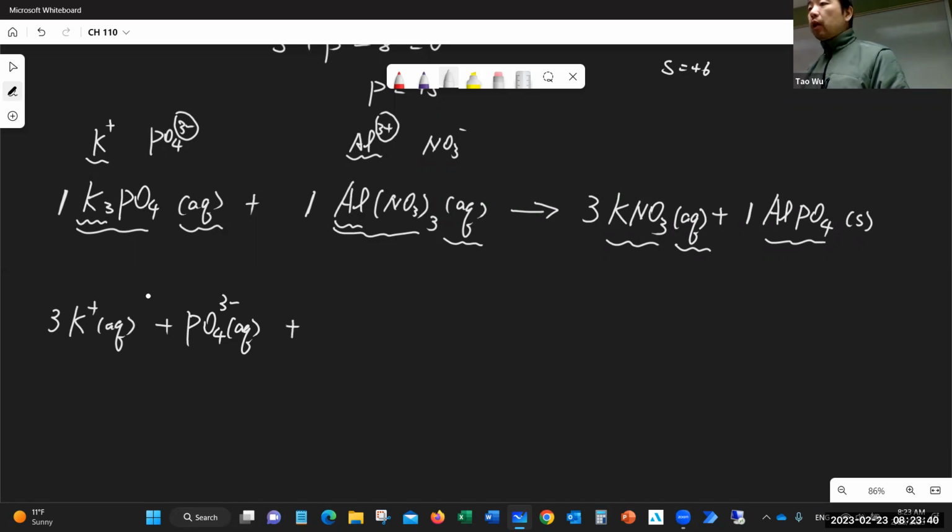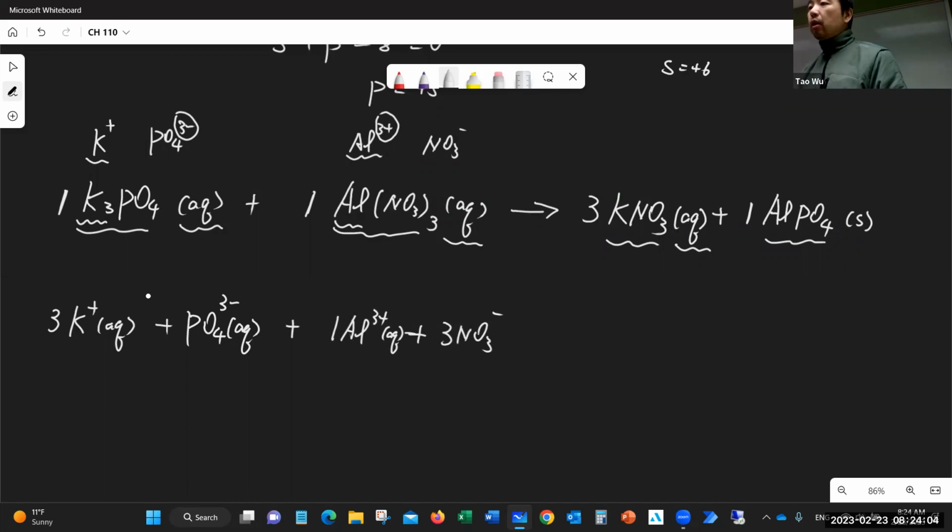For the 1 aluminum nitrate, what are we going to write? Yeah, so we should have 1 aluminum ion plus 3 nitrate.